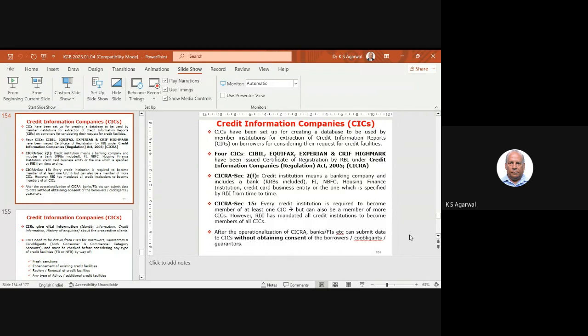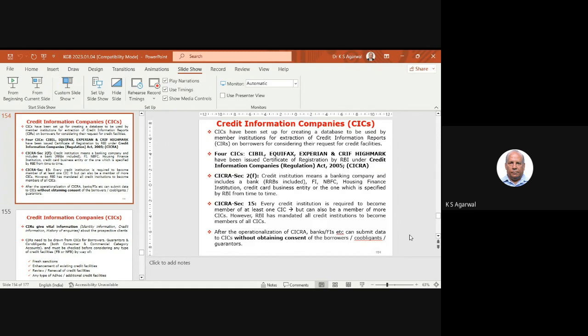But the Reserve Bank issued a guideline that all credit institutions must become members of all CICs. So in law it is at least one CIC, but RBI says all credit institutions have to be members of all CICs.